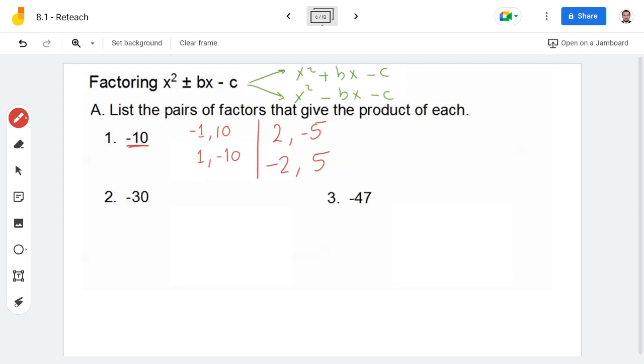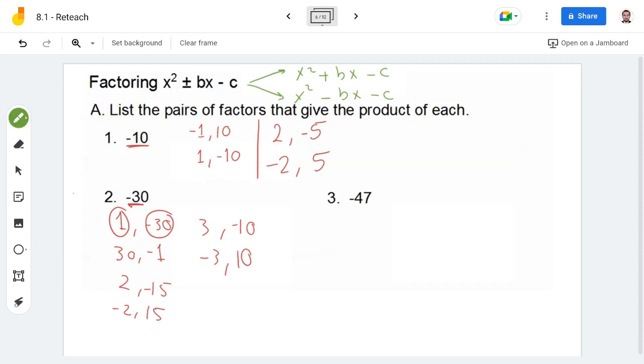Same thing with negative 30. We have 1 times negative 30, we have 30 times negative 1. Also, we have 2 times negative 15, and negative 2 times 15. Also, we have 3 times negative 10, and negative 3 times 10. So as you can see, when we have negative factors, one of the two factors should be negative.